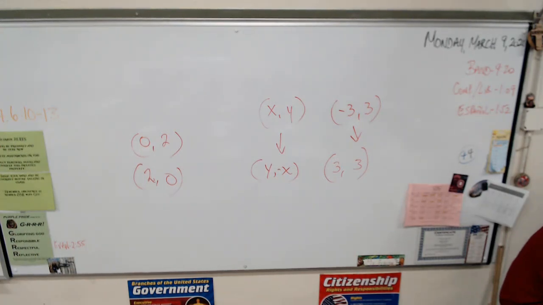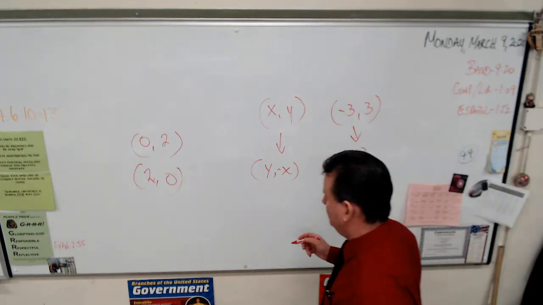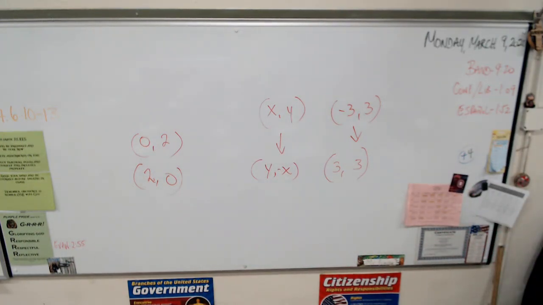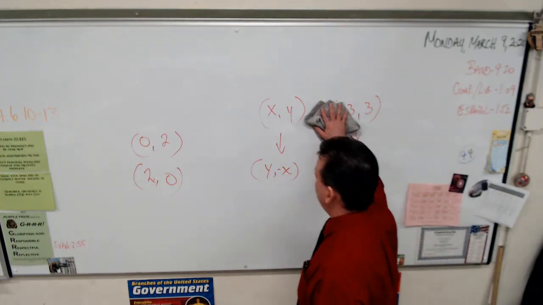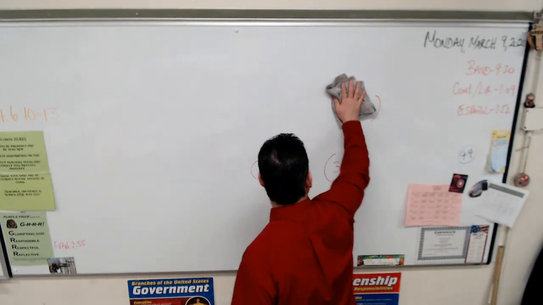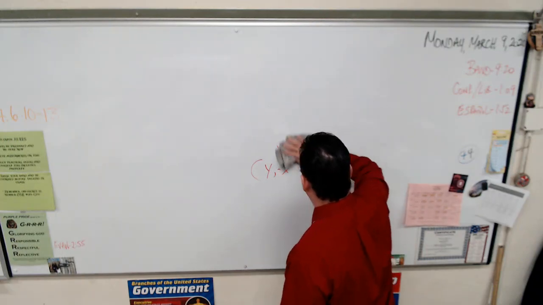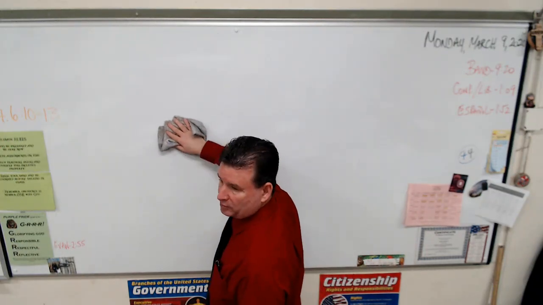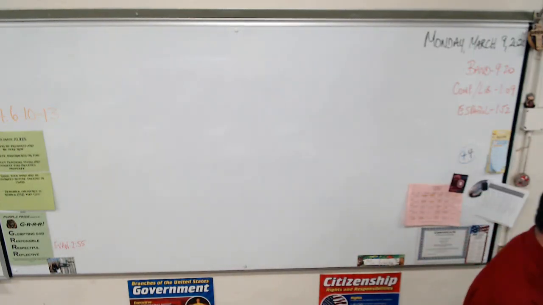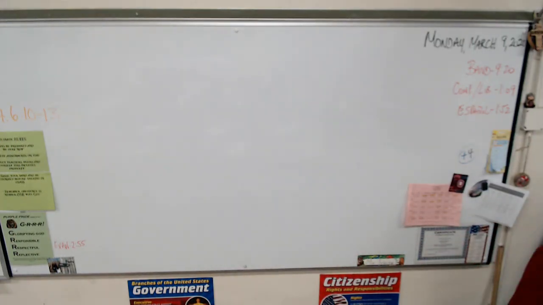So you're going to graph RST: -2, 1. Make yourself a triangle. And then you're going to rotate it counterclockwise, which means switch them, multiply the first coordinate by -1.